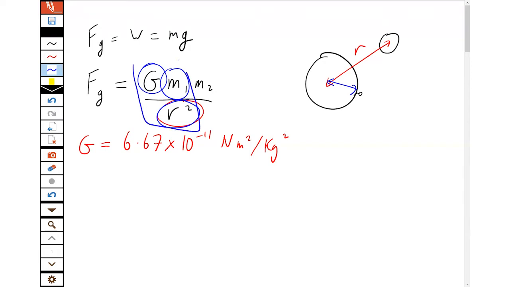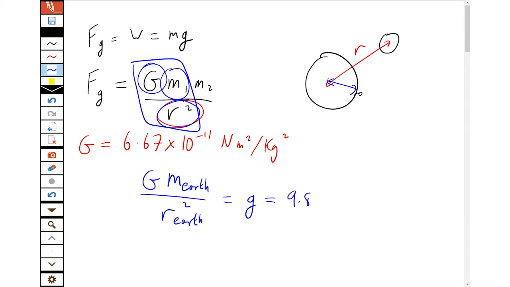So we gather all those together. Mass of the Earth, radius of the Earth squared, and we just call those g, the acceleration due to gravity near the surface of the Earth, which we know to be 9.8 meters per second squared. And you can see there's a potential question there.